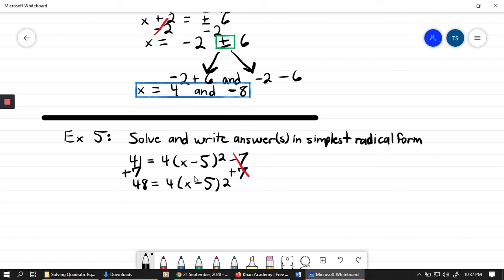X minus 5 squared. Okay, and remember what we said in the last one, that you don't ever distribute into a set of parentheses that has an exponent. Alright, so we don't distribute here, but we're going to divide both sides by 4.